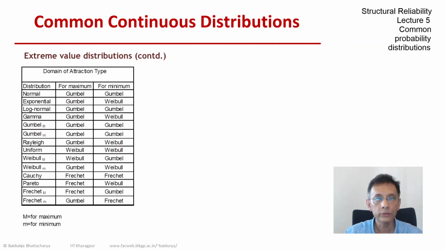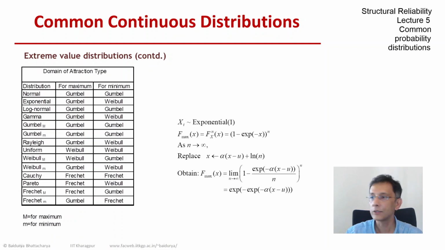So let's go through the exponential case for maxima and let's see what this means. So if I have, say, exponential with mean 1 as the parent distribution, the distribution of the maximum is given in terms of what you see on the screen in terms of n, and as n goes to infinity, we relocate this, so we replace x by alpha times x minus u, two constants, and log of n.